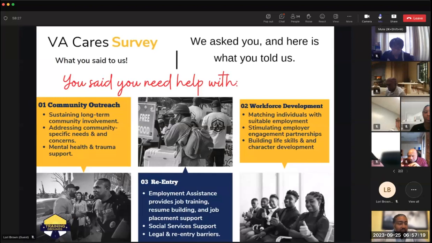We recognize within all of the communities that we serve, when an individual has been incarcerated, there are some legal and some reentry barriers in place, and we need to have a unique approach with respect to that. You also said, obviously, social services. Social service support is an area that you can use help with.